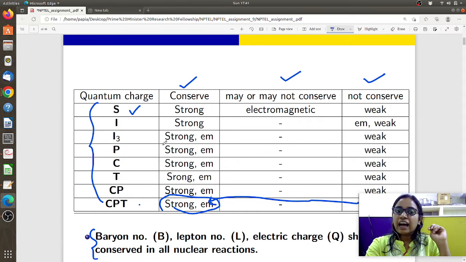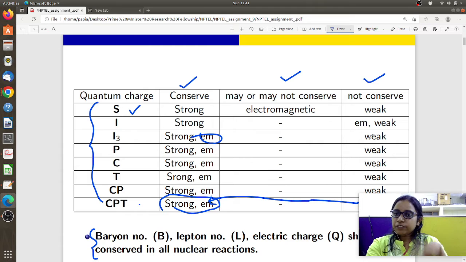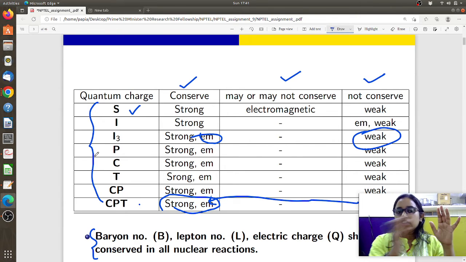Now in the I3 calculation, if I3 is conjugate by that interaction, then it will definitely be an EM interaction. But if it is not conjugate, then it will definitely be a weak interaction, because the difference in I3 tells us the nature of that interaction.